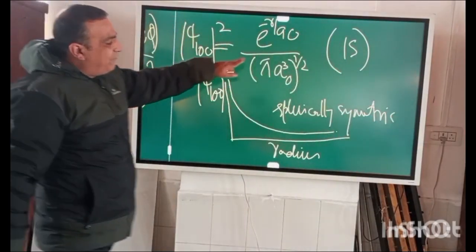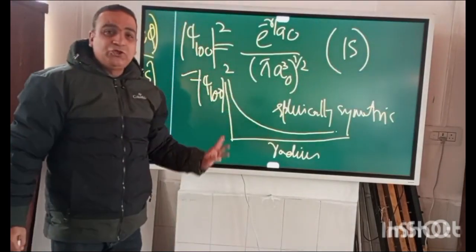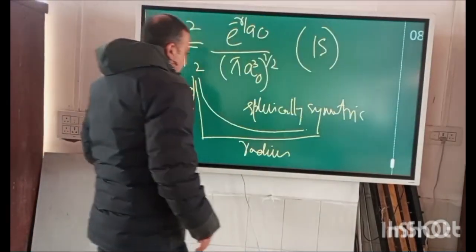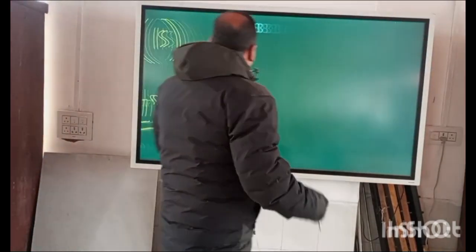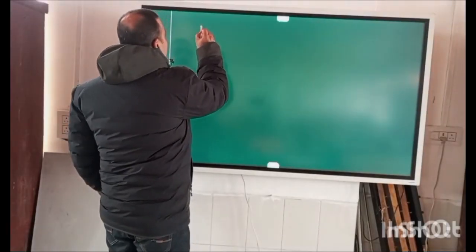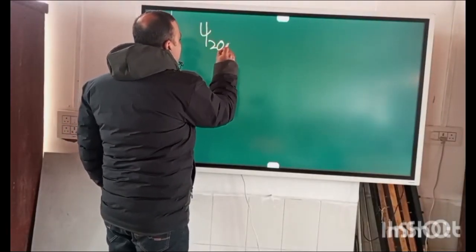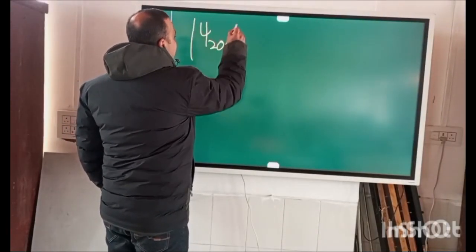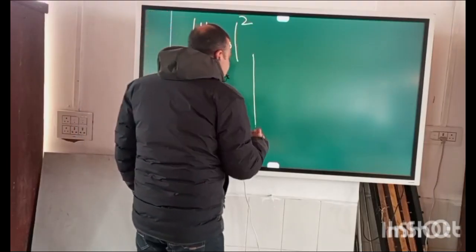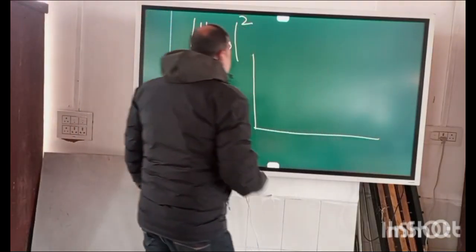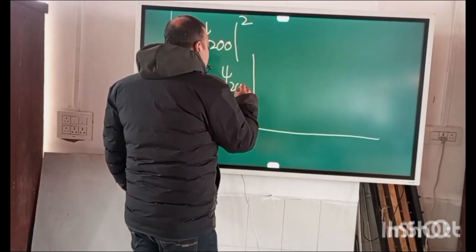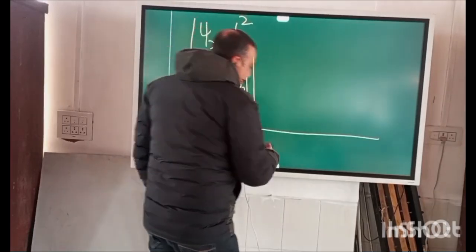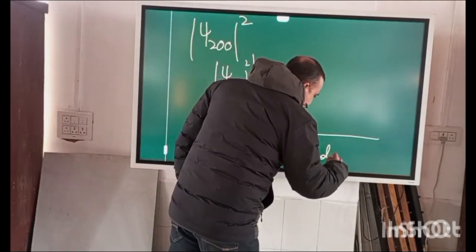Okay, I chose 1s. Now, if I choose 2s, what's that? Psi 2, 0, 0. Okay? And I plot it. When I plot it, this is psi 2, 0, 0. This is your radial function.